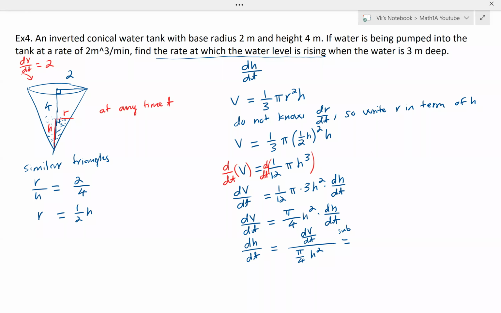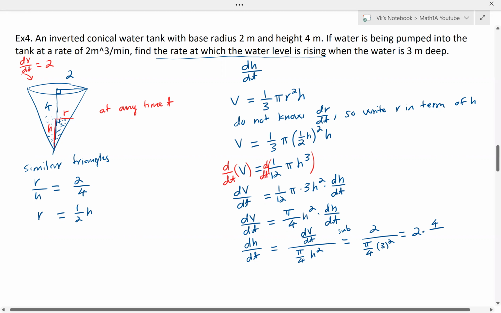Do the substitution. dV over dt is 2, pi over 4, h is 3 squared. So that is 2 over 9 pi over 4. So 2 times 4 over 9 pi, 8 over 9 pi.